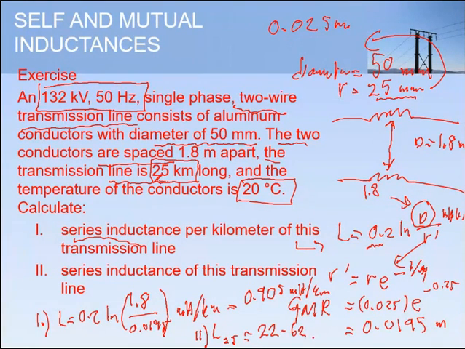Betul sir. Bukan kilo, 22.62 millihenry lah. Betul sir. Untuk 25 kilometer. So, per kilometer dia adalah is equal to 0.905 millihenry, and for the 25 kilometer you simply multiply it with 25, you get 22.62 millihenry.